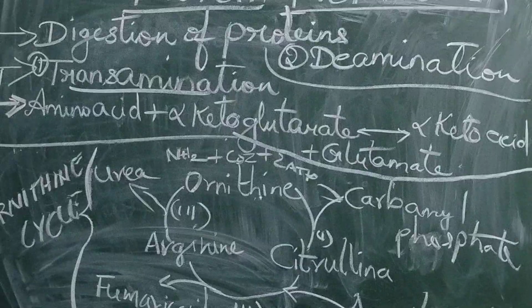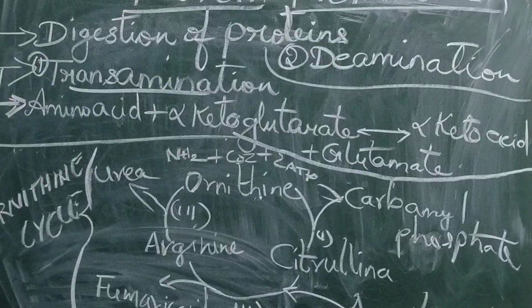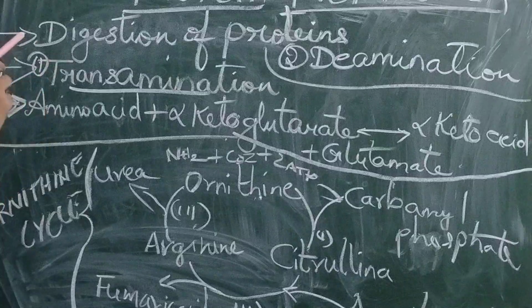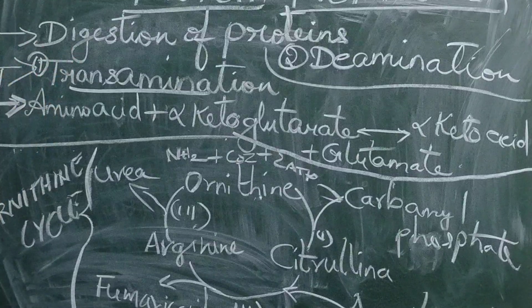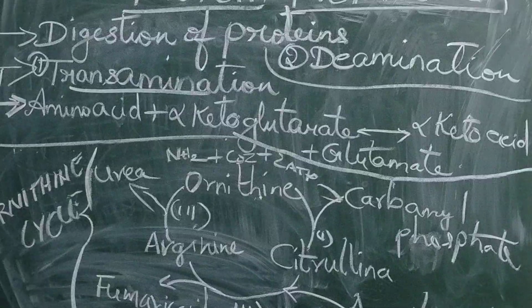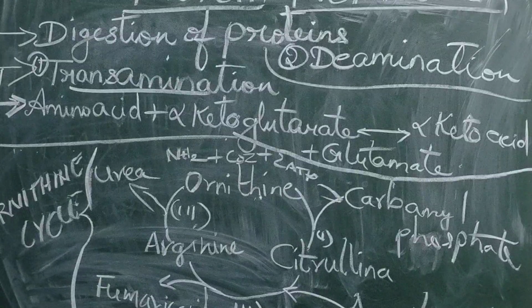Now, we are going to see how digestion takes place in our body, that means the digestion of proteins. When we are discussing the digestion of proteins, it begins in the stomach.